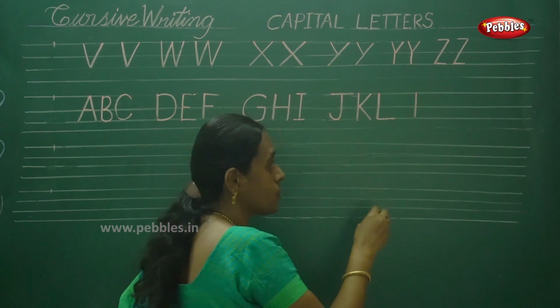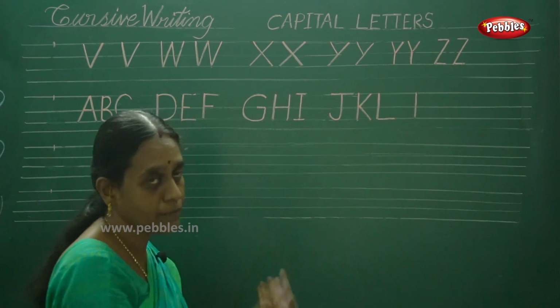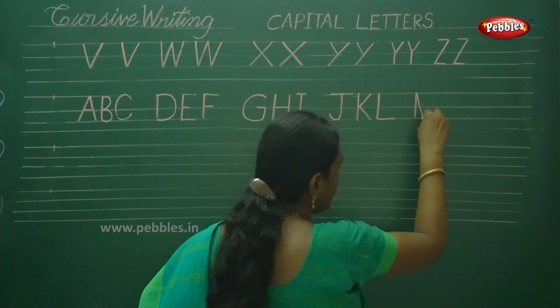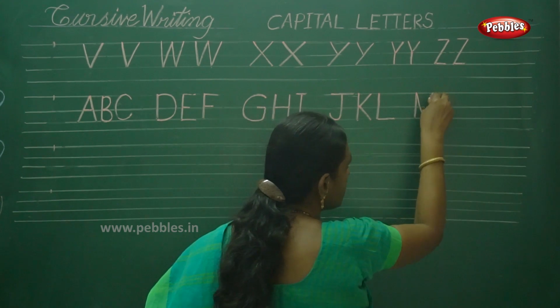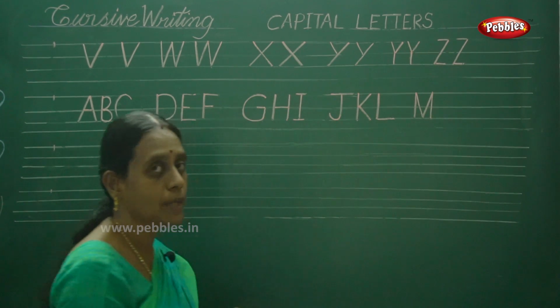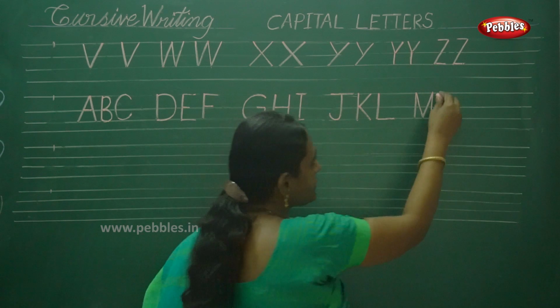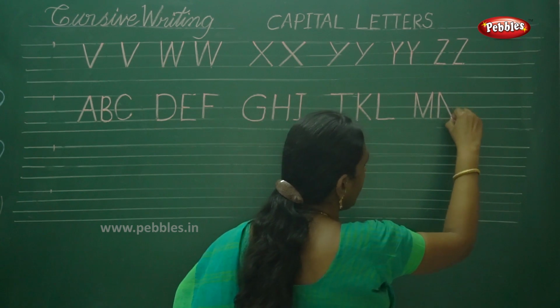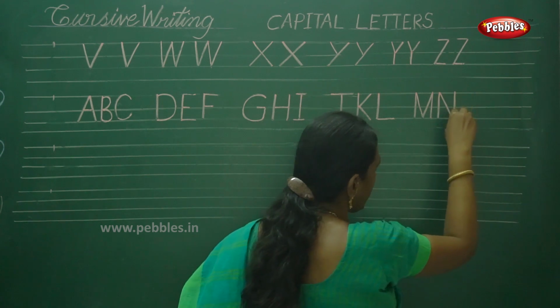After you finish each stroke, you lift your hand from the notebook and start from here, a slanting line, again a slanting line, and complete this M. This is the correct way. Okay, M, and the next one is N: a straight line, a slanting line, another straight line.